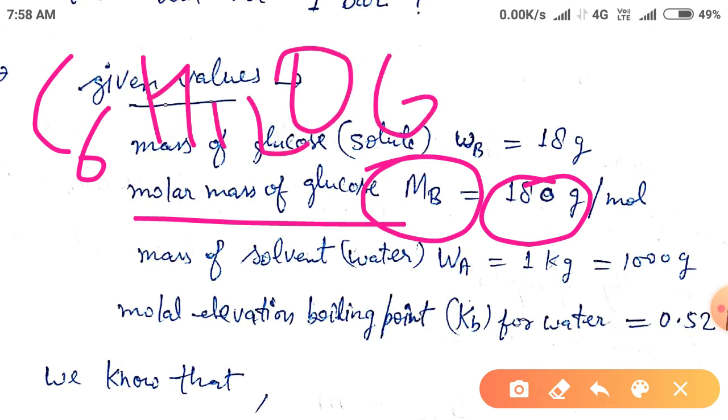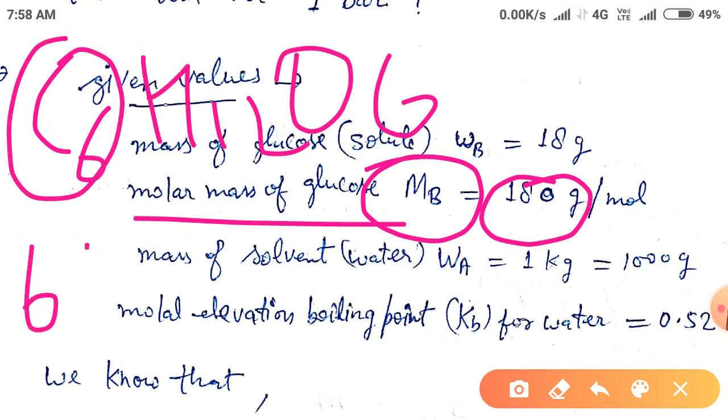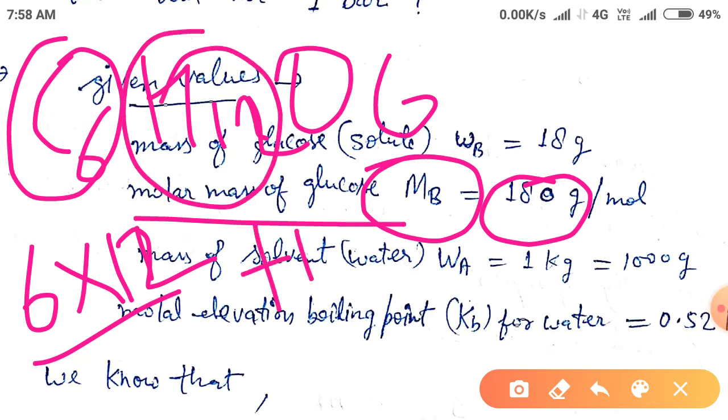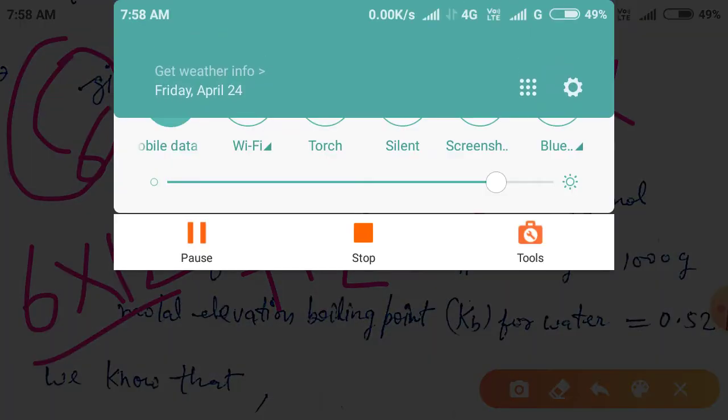C6H12O6. Here C6 means 6 into the atomic mass of carbon, which is 12, and H12 gives 12 plus, because the atomic mass of hydrogen is 1, and the atomic mass of oxygen is 16, into 6.